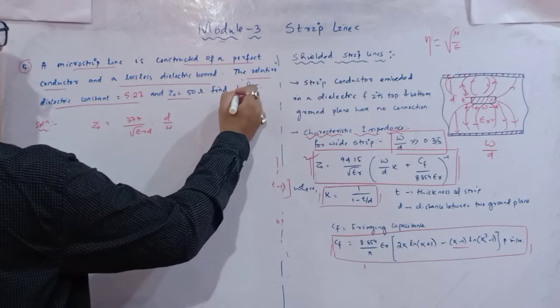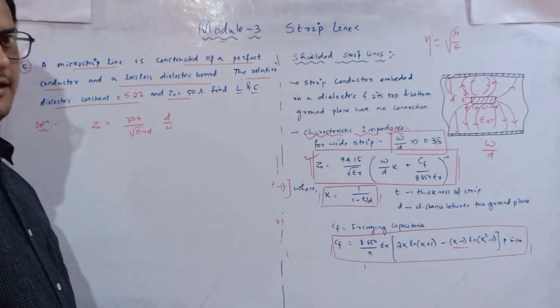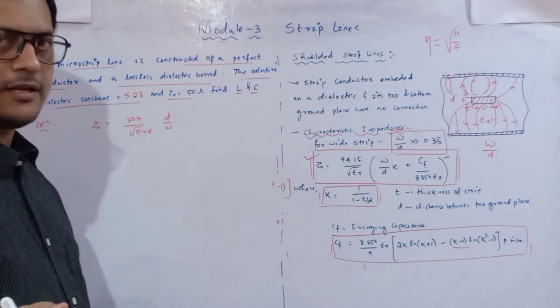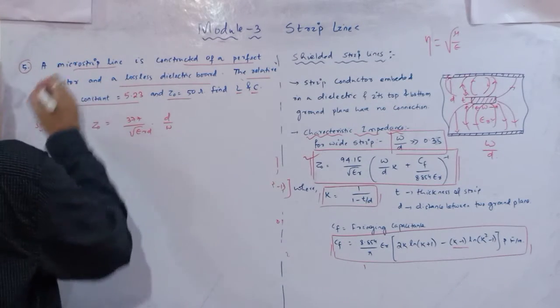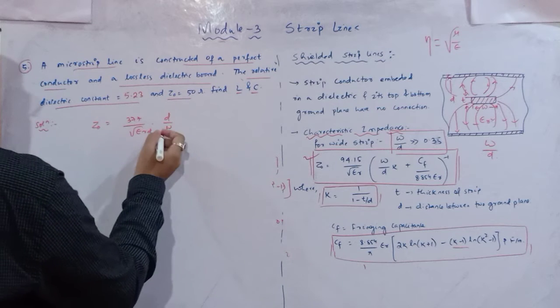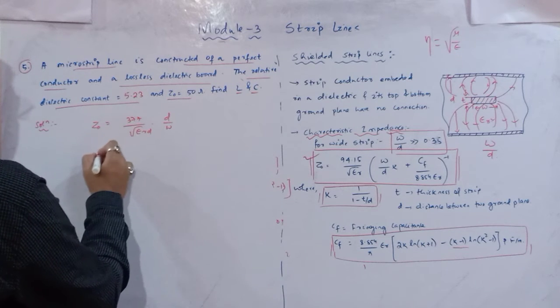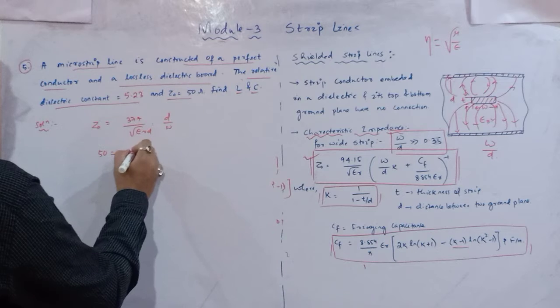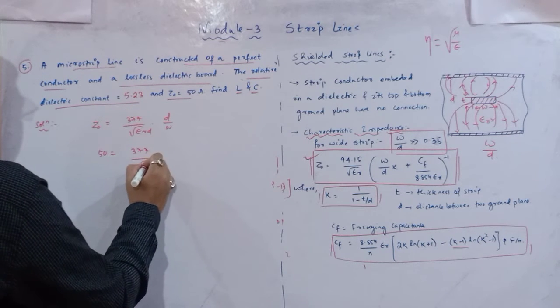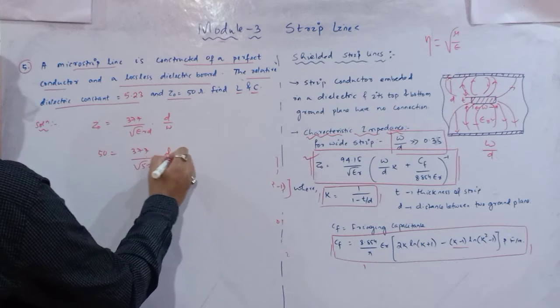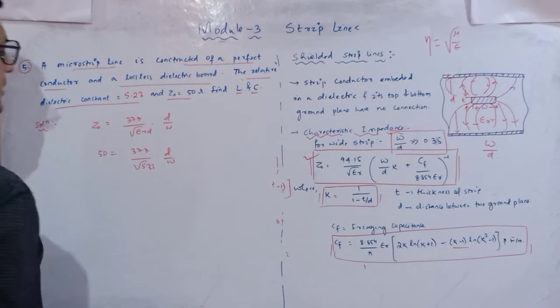Now here we have to calculate L and C, and L and C are related with respect to the D by W ratio for a strip line. Next, 50 is given. It is 377 divided by root epsilon r, where epsilon r is 5.23, and the D by W ratio.